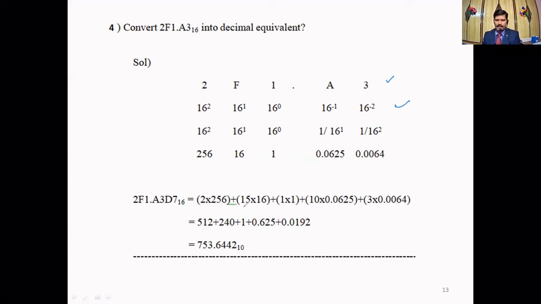See here, F means 15, because we are converting into decimal. F means 15. A means it is 10. If you find out this one, the answer is 753.6442 to the base 10. This is a decimal number. So a hexadecimal number to a decimal number, positive powers and negative powers.